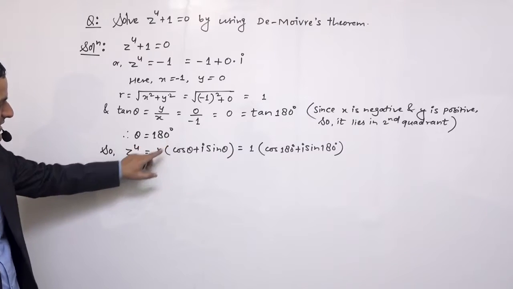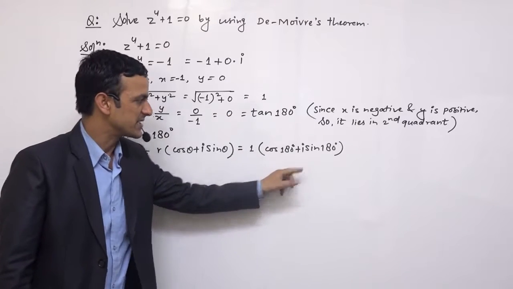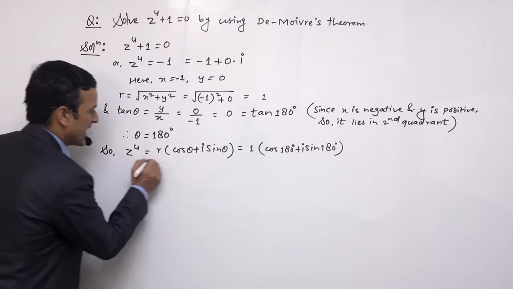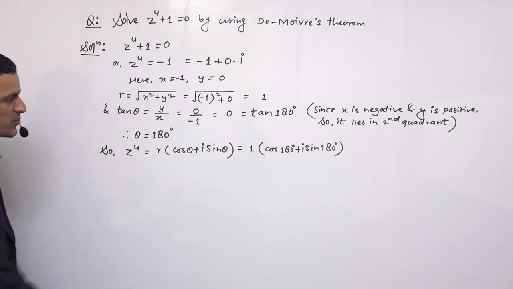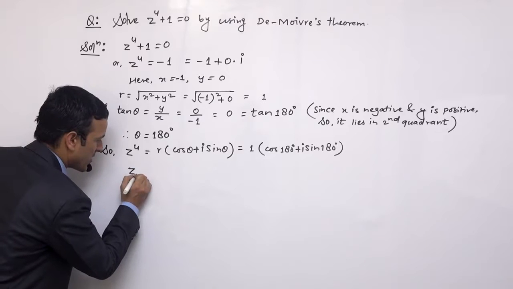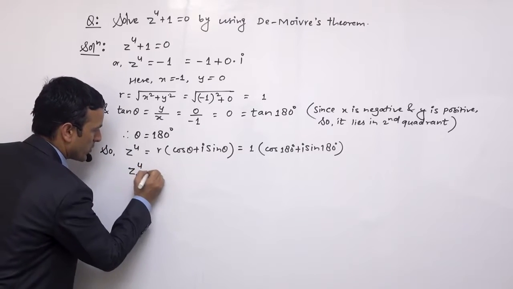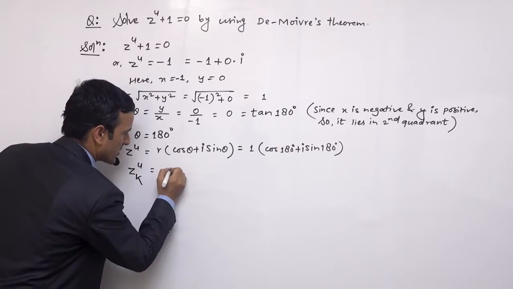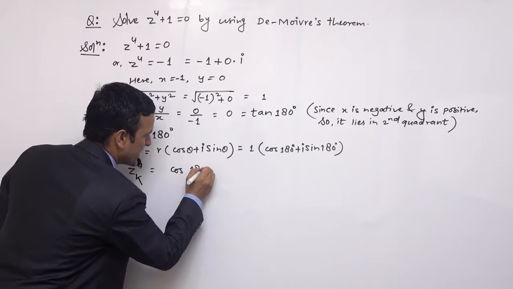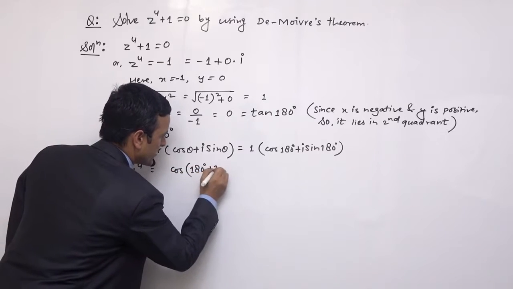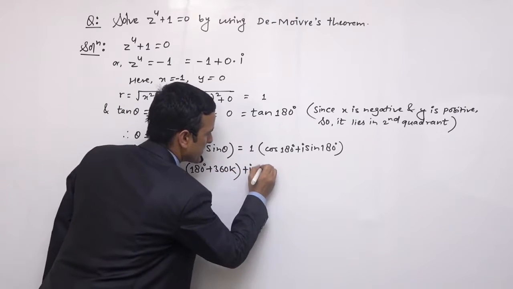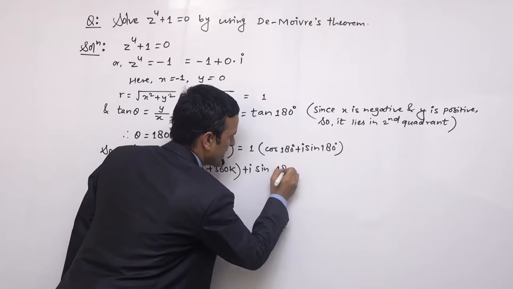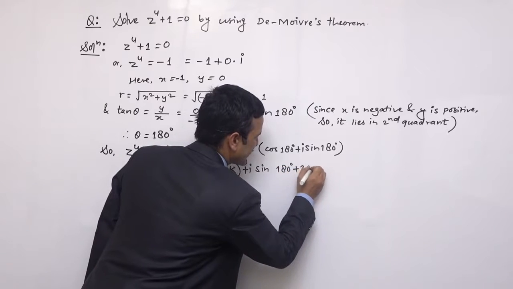Putting theta as 180 and r as 1, we can see this term. And this is the polar form. Now we can change it into the general polar form. So write z_k power 4 is equal to cos (180 plus 360k) plus i sin (180 plus 360k).